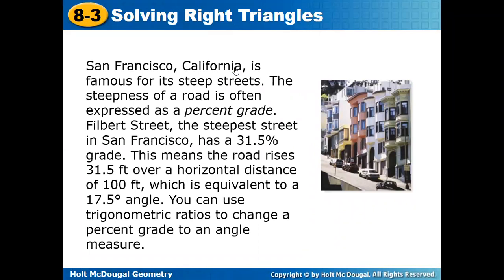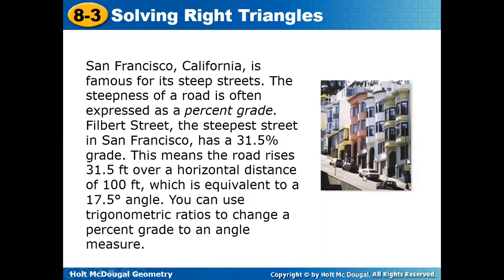San Francisco, California is famous for its steep streets. The steepness of a road is often expressed as a percent grade. Filbert Street, the steepest street in San Francisco, has a 31.5% grade.